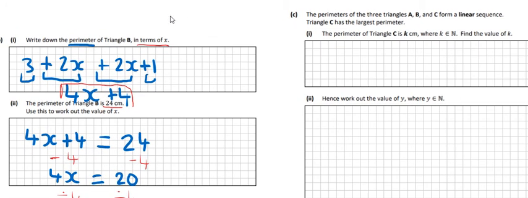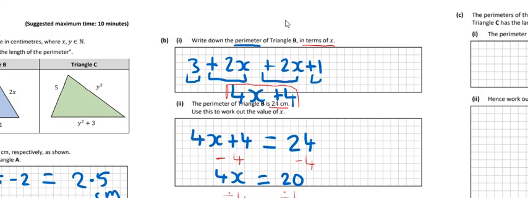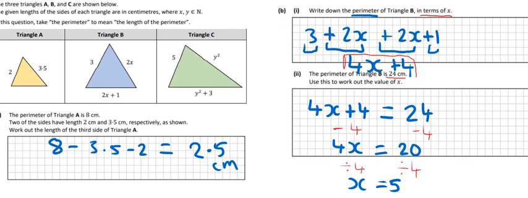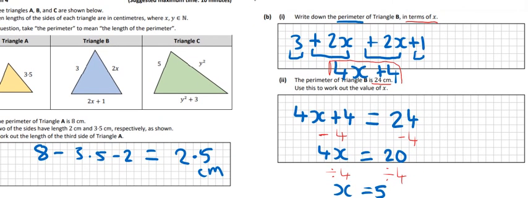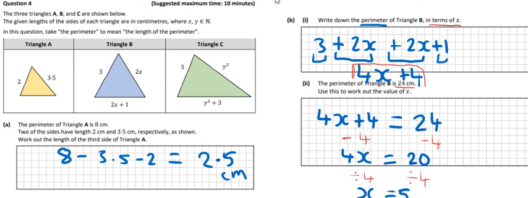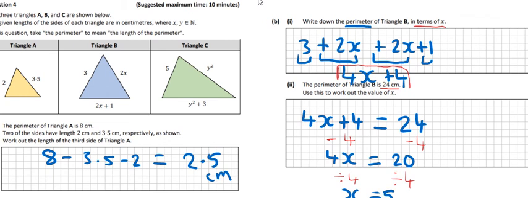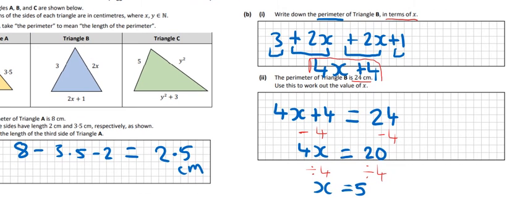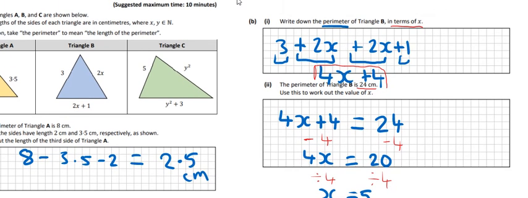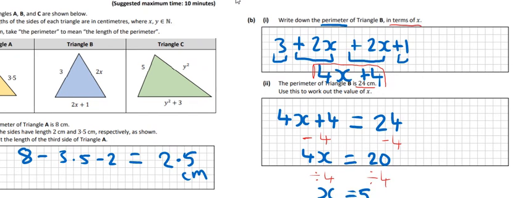So we have the perimeters of A and B, I think. Yeah, so perimeter of A is 8, and then perimeter of B is, sorry, perimeter of B is 24.